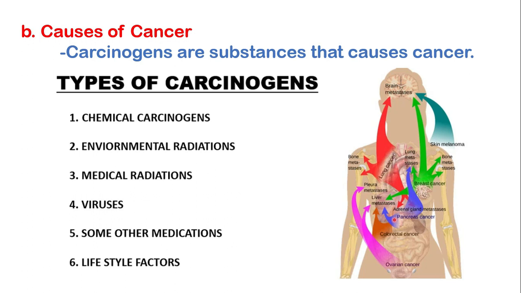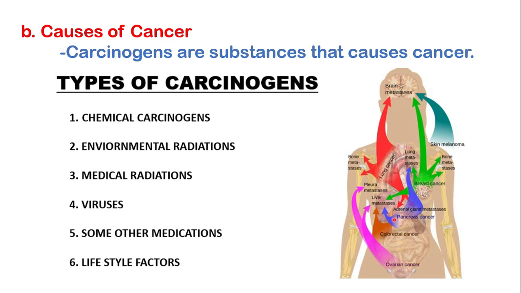What is a carcinogen? The word carcinogen means an agent, or we can say a substance, that can cause cancer. Here is a summary of the types of carcinogen, but I will show you one by one right now.